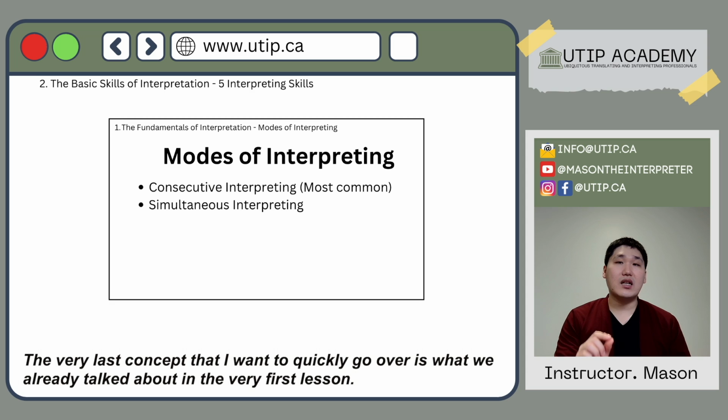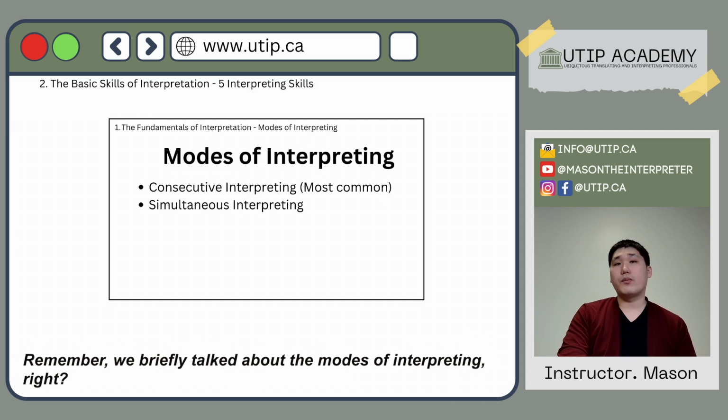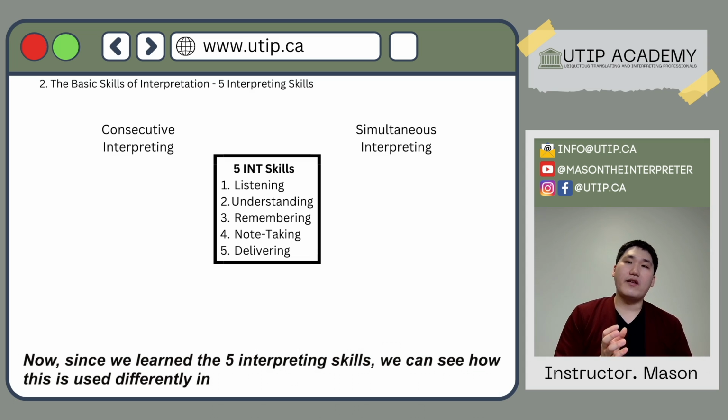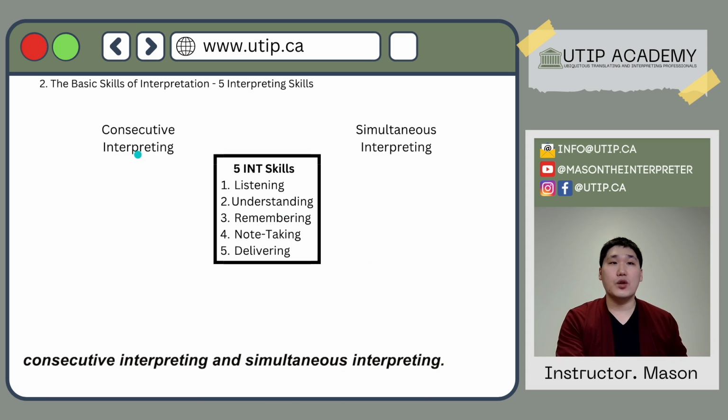The very last concept that I want to quickly go over is what we already talked about in the very first lesson. Remember, we briefly talked about the modes of interpreting, right? Now, since we learned the 5 interpreting skills, we can see how this is used differently in consecutive interpreting and simultaneous interpreting.